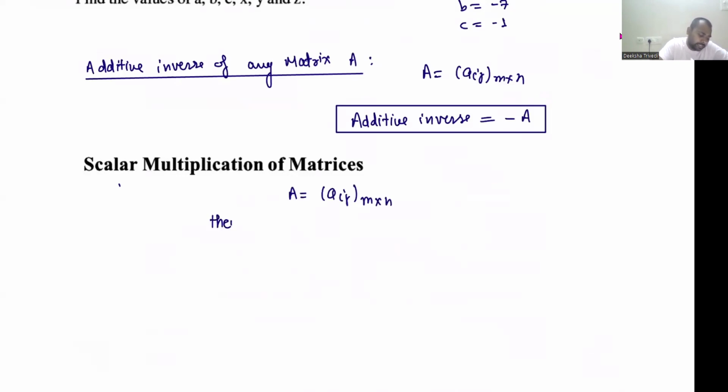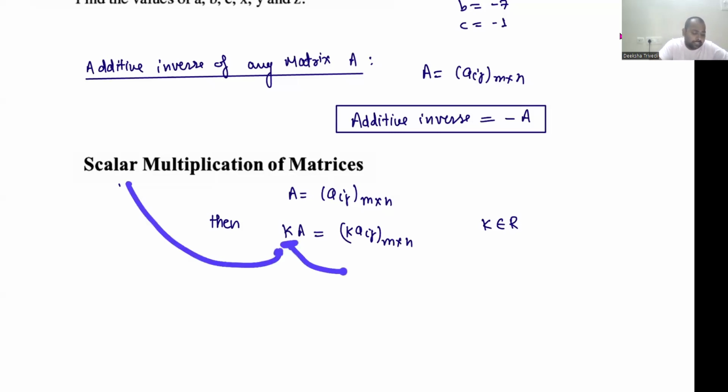Then KA, where K is any real number, that is K into Aij of order m cross n, means that scalar quantity K is multiplied with all Aij's. So K is multiplied with all elements of that given matrix.